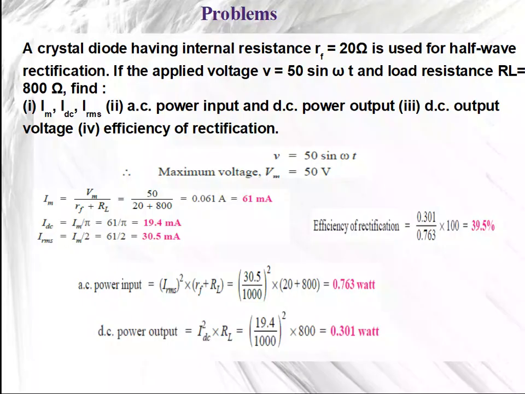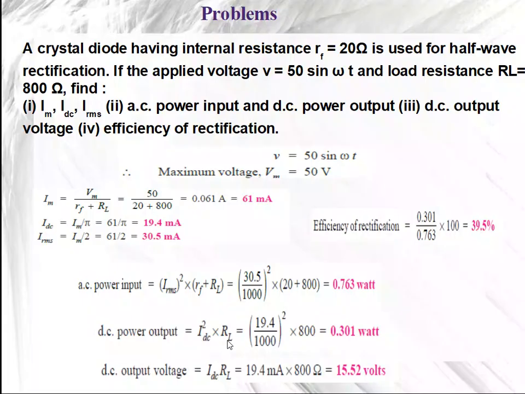What is the efficiency of the rectification? And here another thing is important. If you notice carefully, when we are considering AC power input, at that time we are considering RF plus RL, as the diode resistance is also in the circuit. But when we are considering DC power output, at that time we are considering only RL, not RF plus RL. Why? Because RL is actually the load resistance.